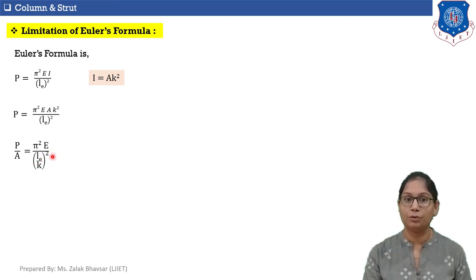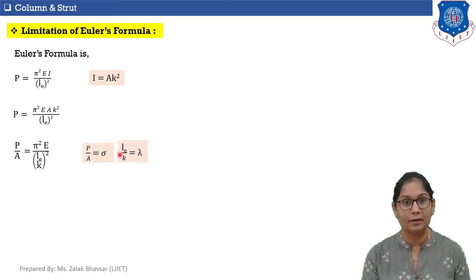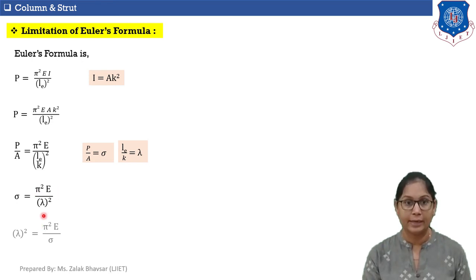Now we know that LE by K is lambda and P by A is sigma. So if I put sigma equal to P by A and lambda equal to LE by K in this equation, then the equation will be sigma is equal to pi square E upon lambda square. So I can say that lambda square is equal to pi square E upon sigma.